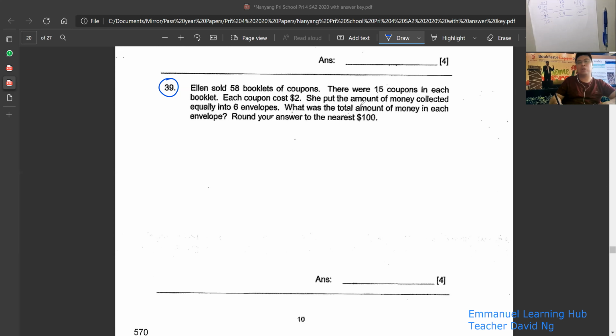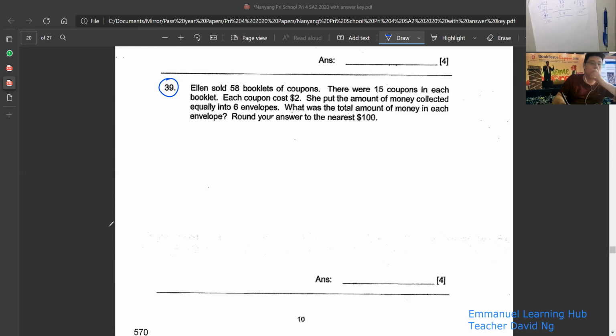What was the total amount of money in each envelope? What must you do? Step number 1, find the total number of what?